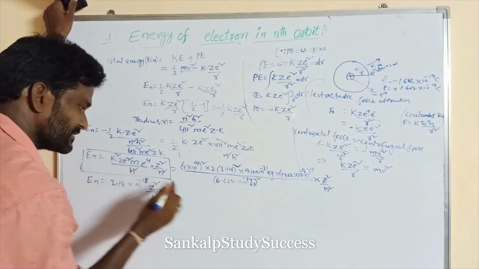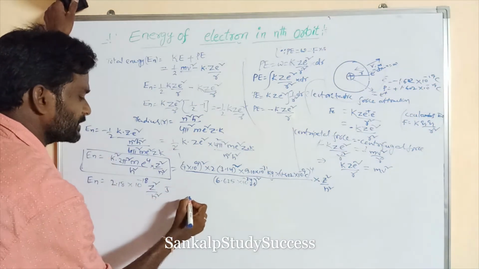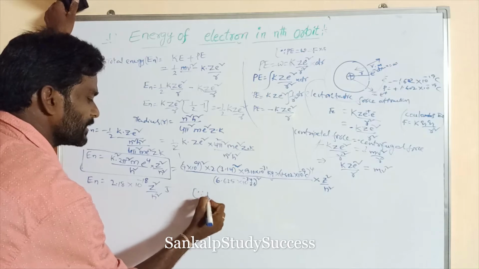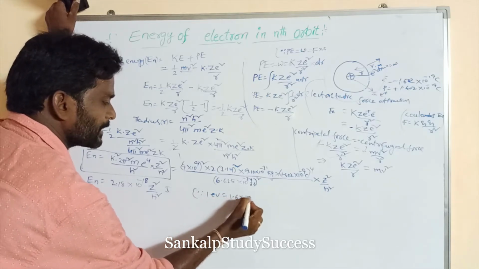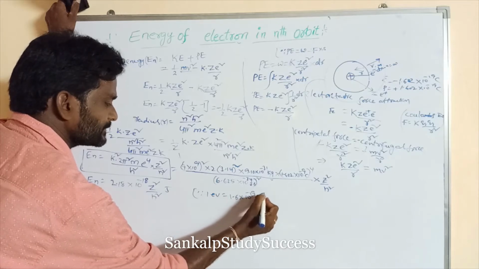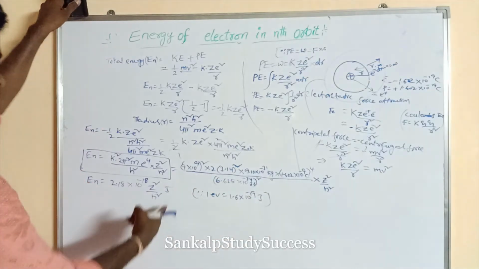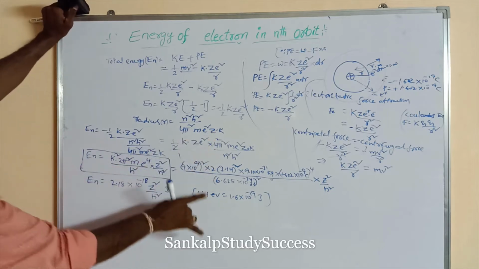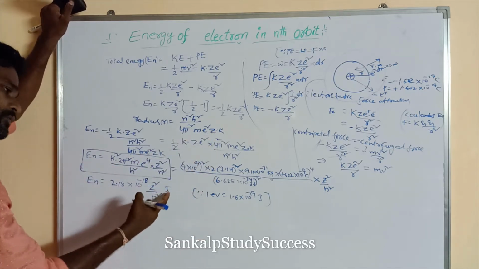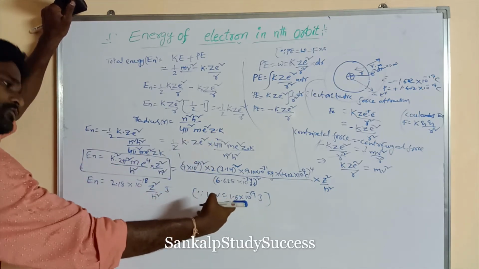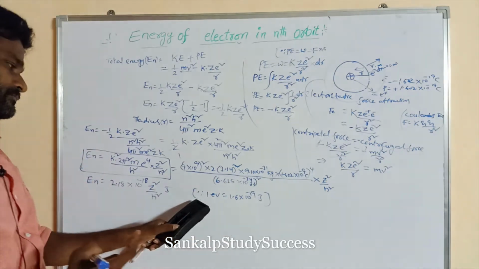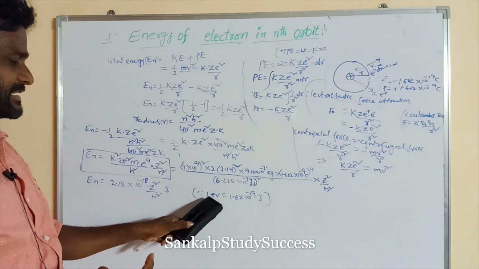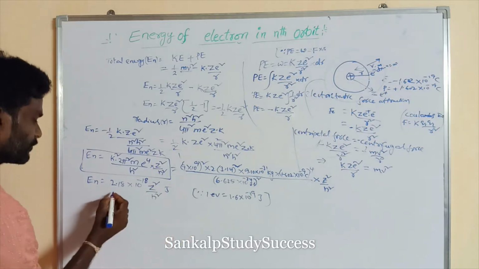So these values can be converted into electron volt. We know that 1 electron volt is equal to 1.6 into 10 to the power of minus 19 joules. So this is present in joule and can be converted into electron volt. 1 joule is equal to 1 by 1.6 into 10 to the power of minus 19 electron volts.